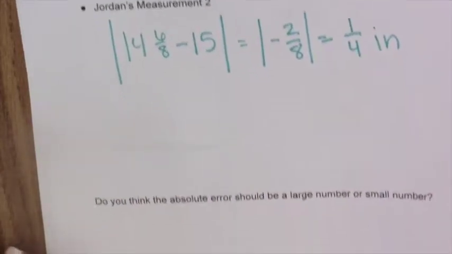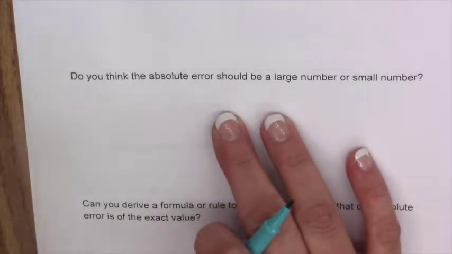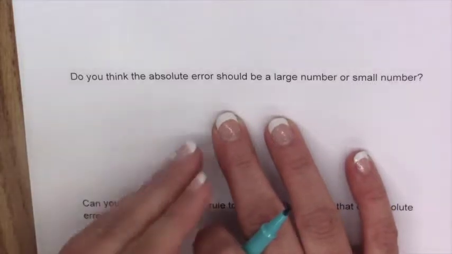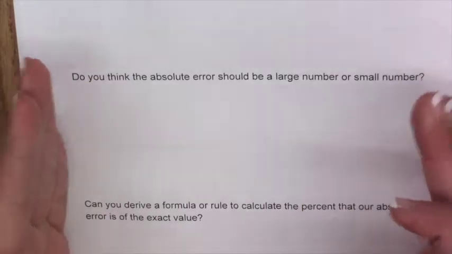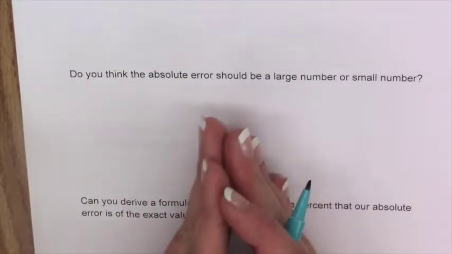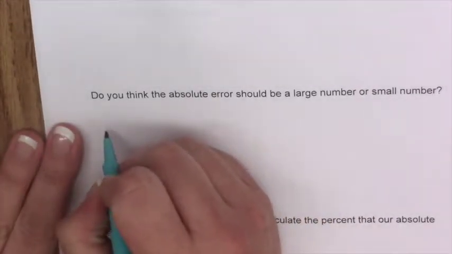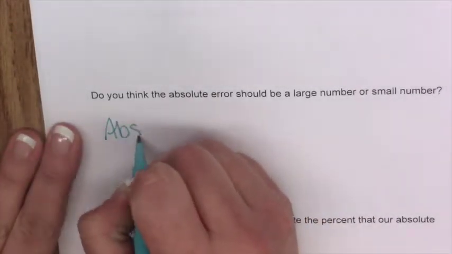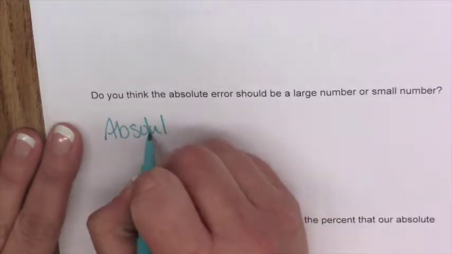Now let's think about this absolute error. Do we think that our absolute error should be a large number or a small number? Well, if we think about the distance from 0 and what our actual measurement is, we want that absolute error to be very small. We want it to be as close to the measurement as we can actually get. So we're going to say that our absolute error, absolute, helps if I can spell right, huh?